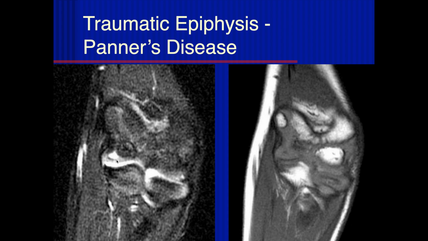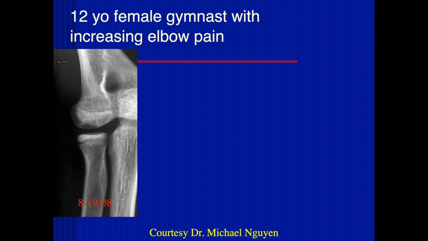Their x-rays may be pretty normal, but if this isn't allowed to heal properly, you'll start getting abnormal growth and abnormal ossification in this area with recurrent trauma, and then you start seeing the x-ray changes. With MR, we can pick up that articular cartilage injury earlier and warn people to allow this to heal before they continue to injure it.